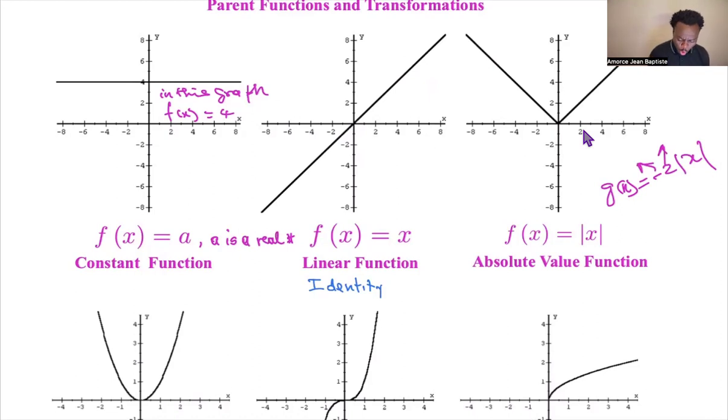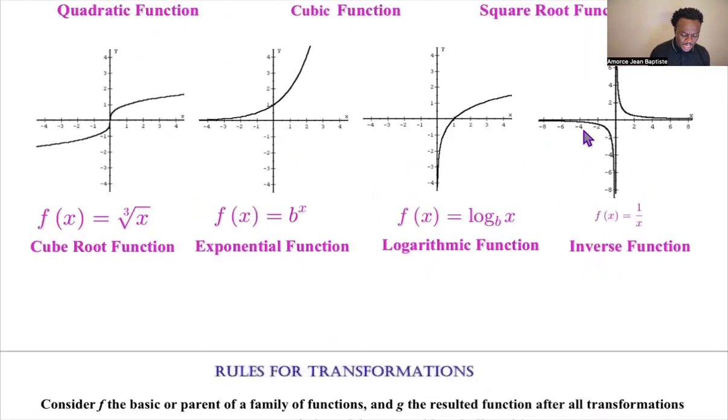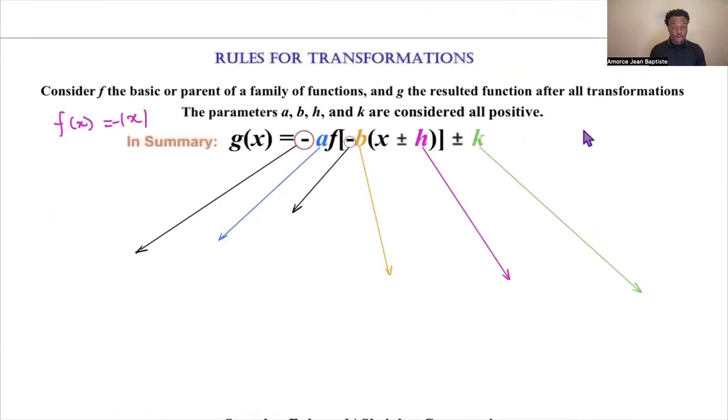So let's explore all the parameters that will be seen as transformations on a given basic or parent function. First, let's start with the negative sign, a negative sign sitting outside of the absolute value, of the square, of the radical, or any parent function.